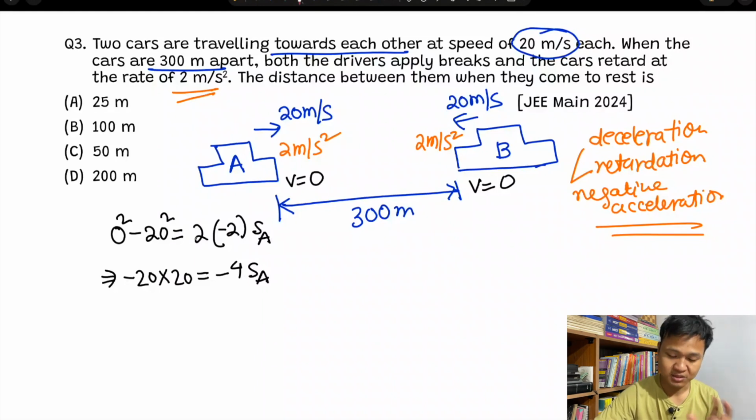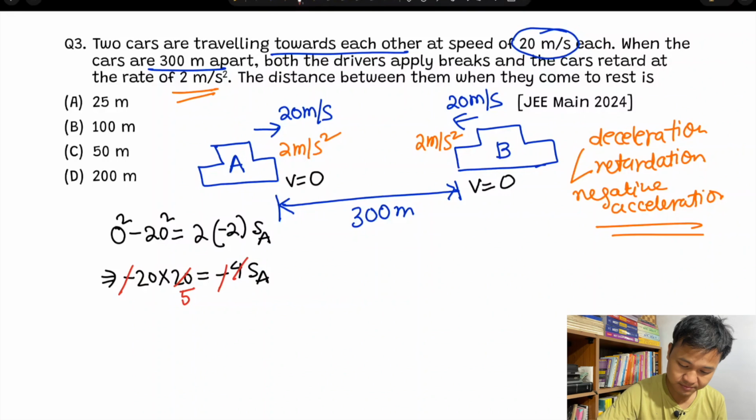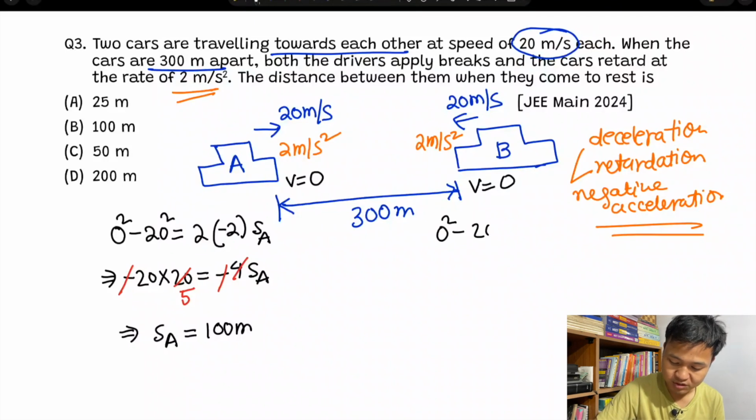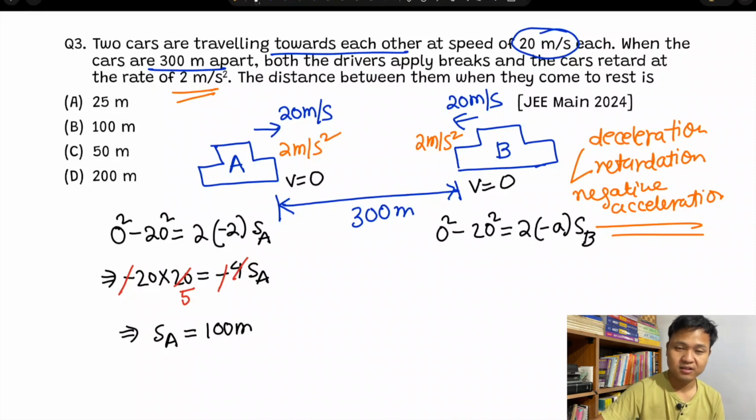Please don't try to multiply. Minus minus cancel. 4, 5 are 20. So what is SA? SA is 5 are 10, 100 meter. Now for car B, 0 square minus 20 square equals 2 into minus A into SB, since it is negative acceleration.